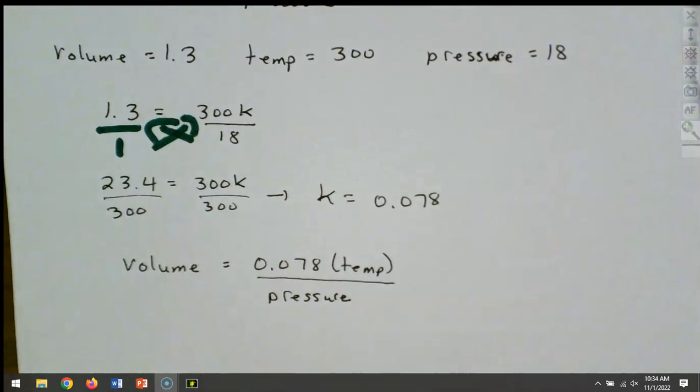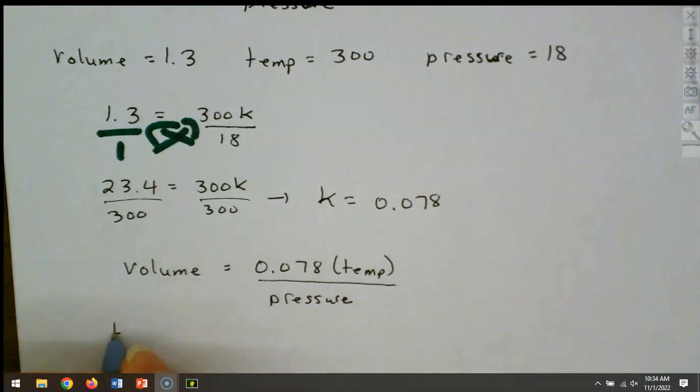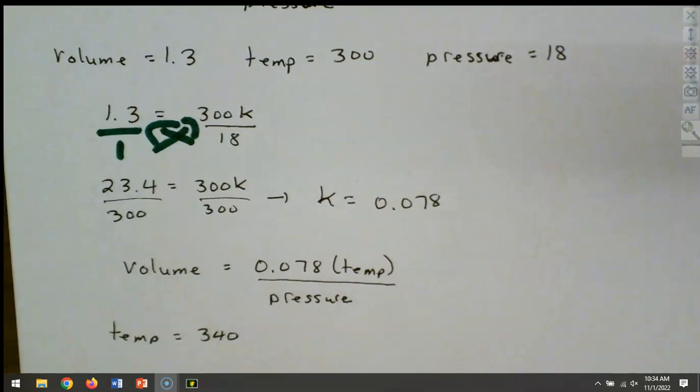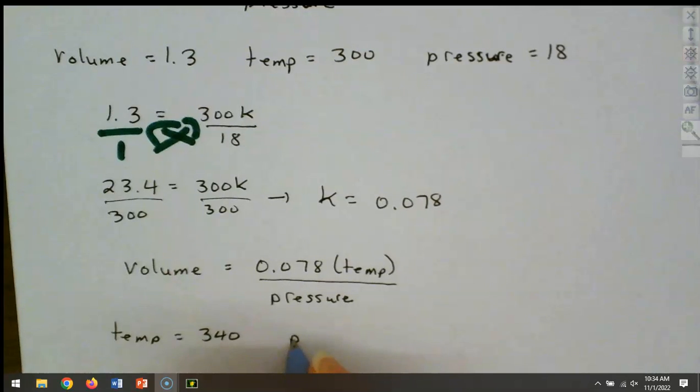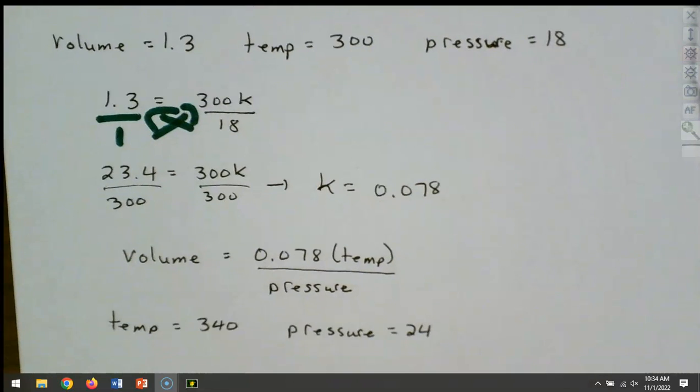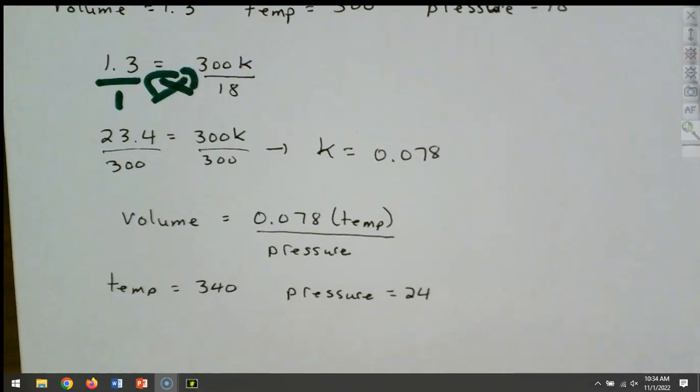Okay. Now, what values do they give you? It says, now we want to change it. So it says find the volume at 340 K, so that's 340 Kelvin, that's my temperature, and a pressure of 24 newtons. So we change the temperature and we change the pressure. That's going to give me a new volume.